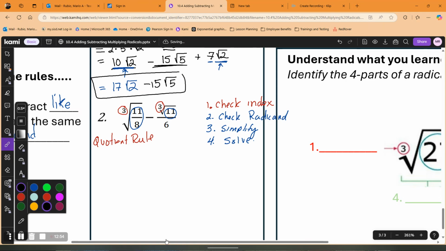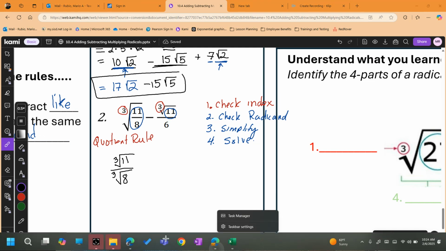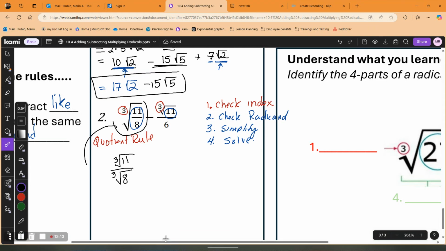The quotient rule says that I can rewrite this as the cube root of 11 divided by the cube root of 8. Okay, that's a 3. My 3s are ugly right now. So I'm rewriting this here, minus the cube root of 3 on the top times 11 divided by 6.